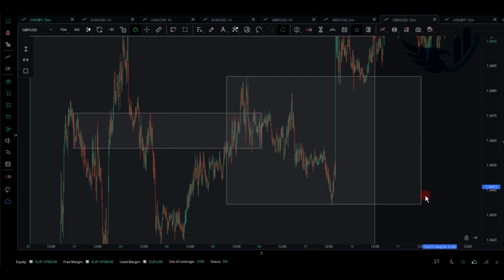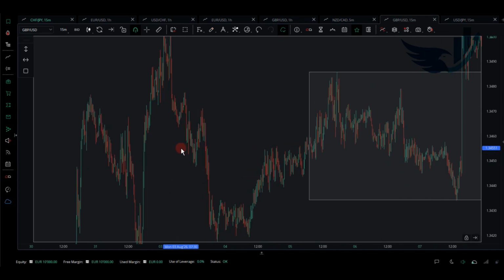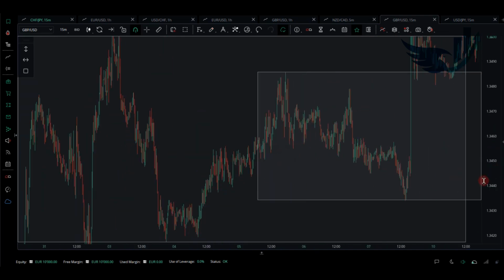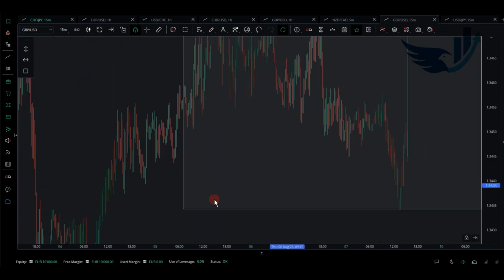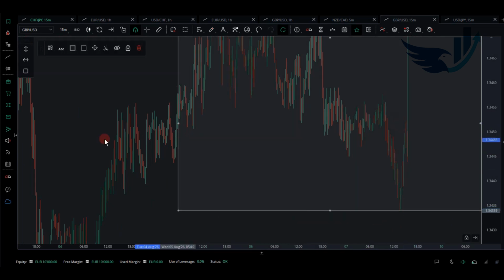We have a bigger box. So using the two methods, you're gonna have the same box. Let me just adjust the box.